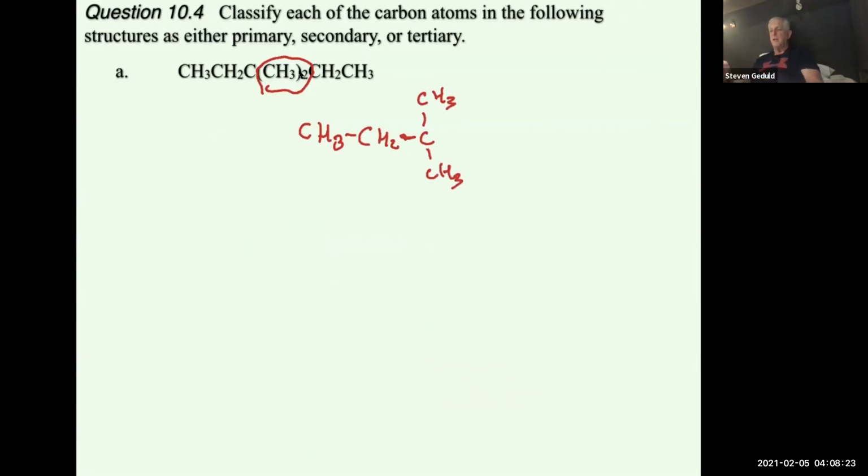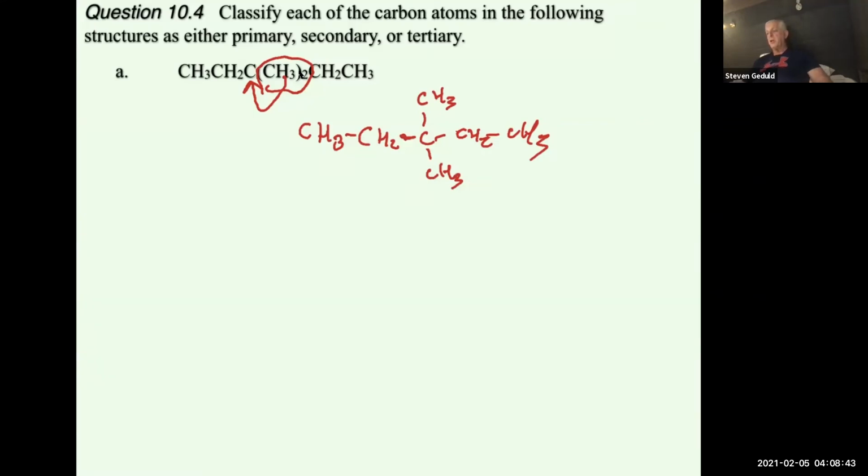There's your parentheses. And always when you see parentheses, it refers back to the previous carbon. And then you've got a CH2, and then a CH3. Now you can identify your carbons.